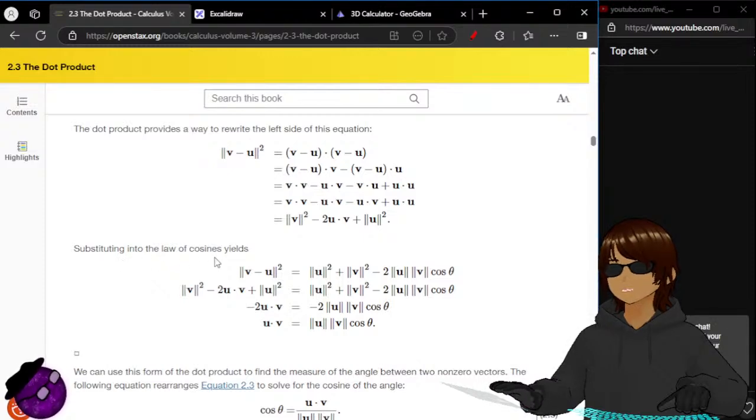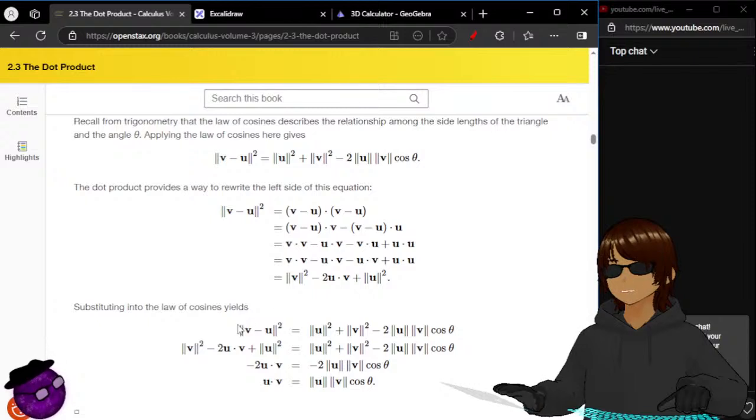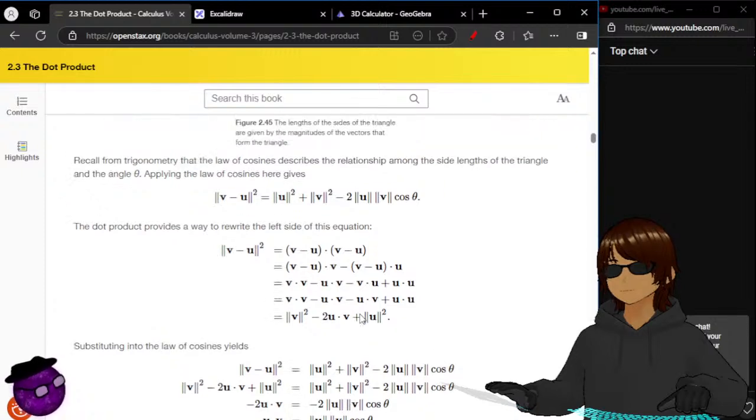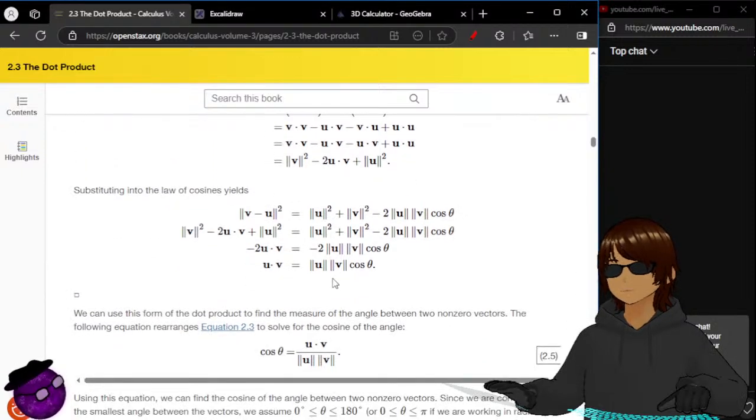Substituting in the law of cosines yields... Okay, so this is the law of cosines. And they're substituting this over here. So u and v cancel out. And then minus 2 would cancel out, and then we would be left with this.